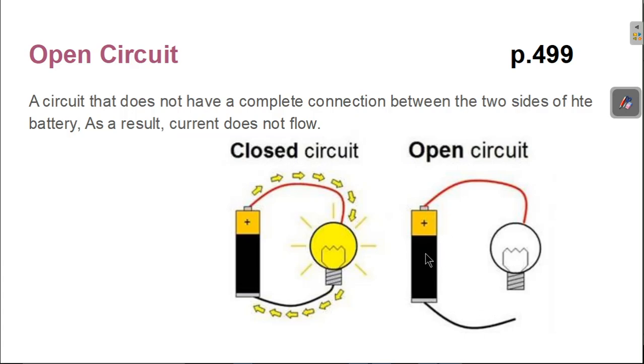It may be coming out of your negative, those electrons, but they reach this space and it cannot continue. So it does not work for you. So know the definition and know what it means. It's not just a definition, but what does it mean? It means in an open circuit, there's no flow of electrons, they're not working for you. Anything you have hooked to that circuit is not going to work if you have an open circuit.